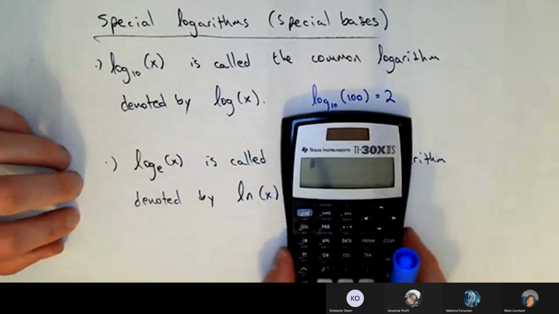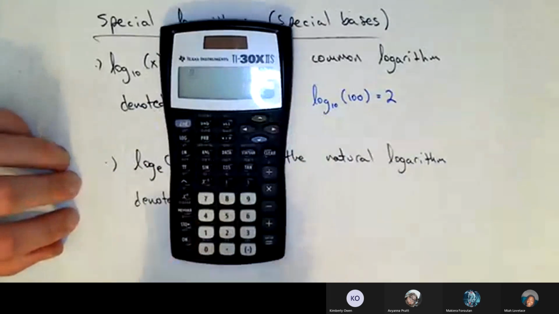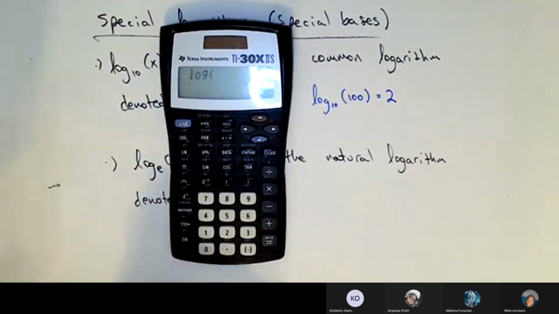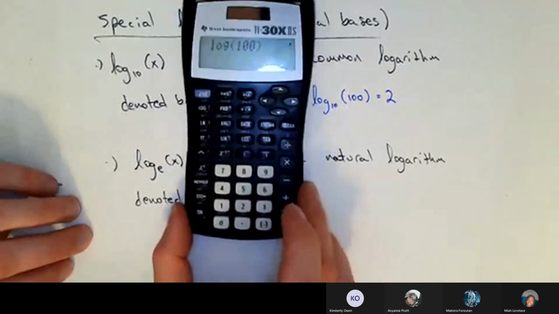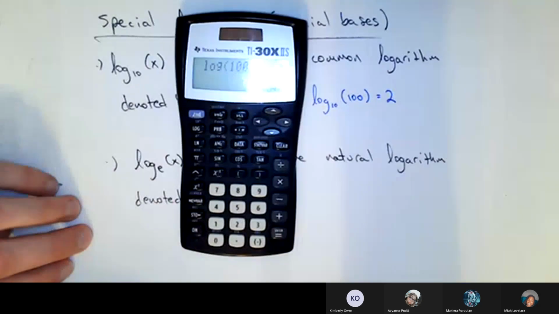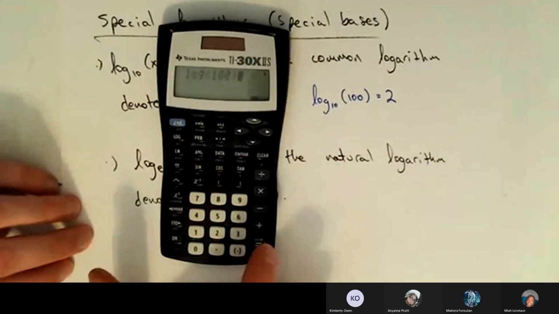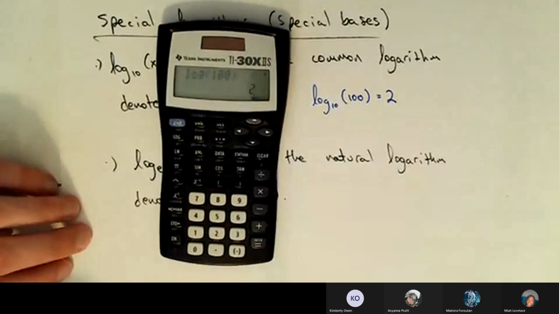On the calculator, that's how the calculator sees it. So if I ask the calculator log of 100, it knows that I'm talking about a log base 10, so it should tell me 2, and it does.